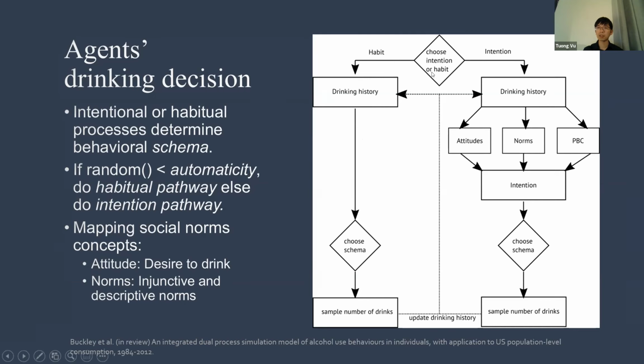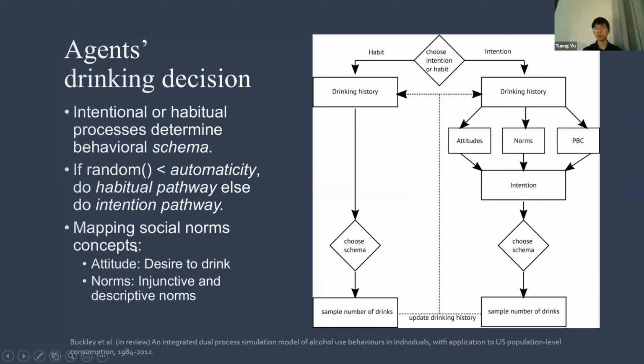If a person goes to the intention pathway, a series of equations calculates attitude, norm, and perceived behavior control to get the intention of that agent, how much to drink, and then you sample a number of drinks from that. The decision between habit and intention is determined by automaticity. If you have high automaticity, you go to habit more. If you have low automaticity, you go to the intention pathway more.